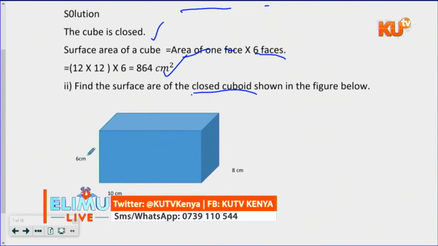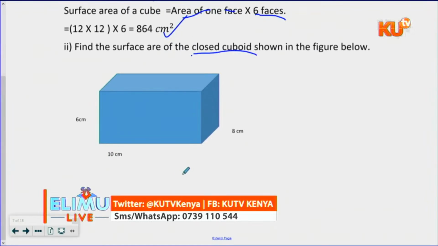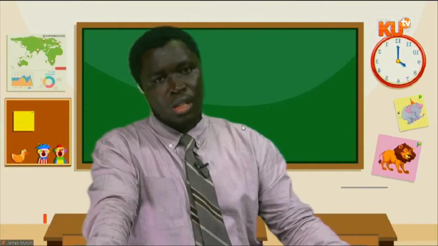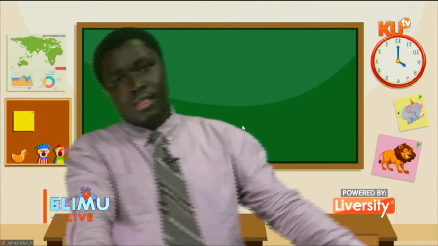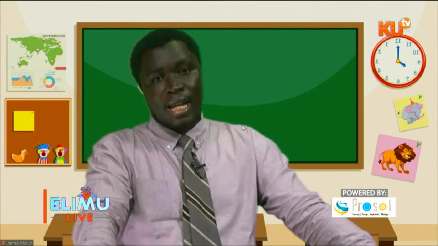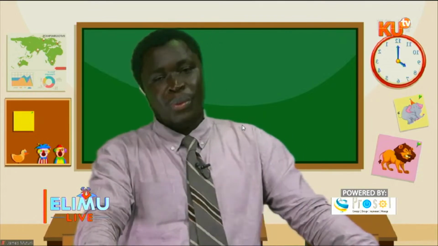So we multiply area, as we say, 2 into length times width plus 2 into length times width for the side that is facing us plus 2 into width times height.